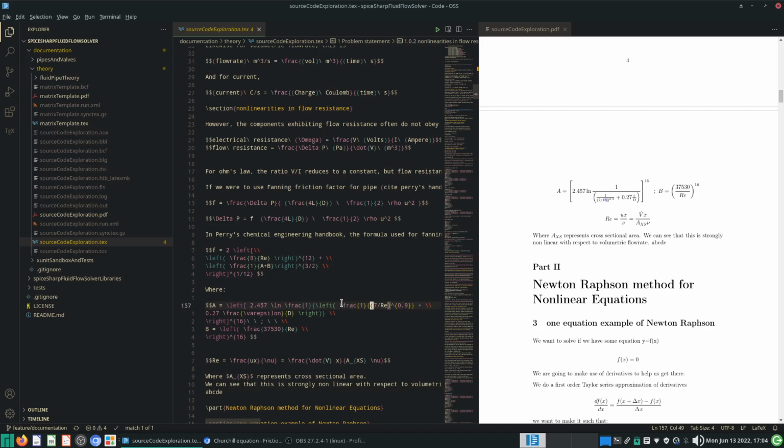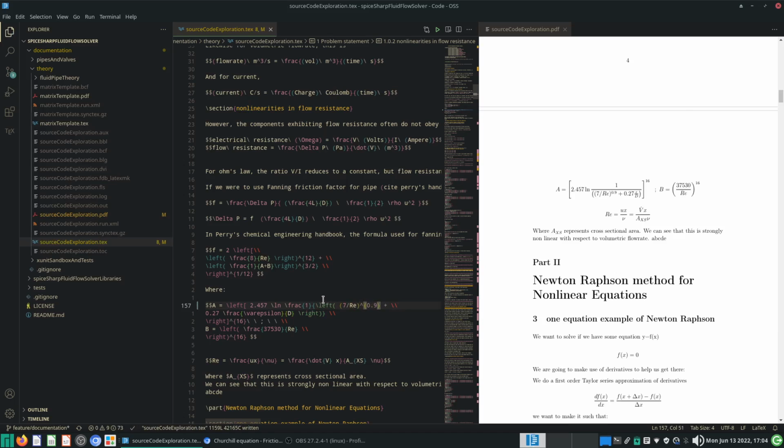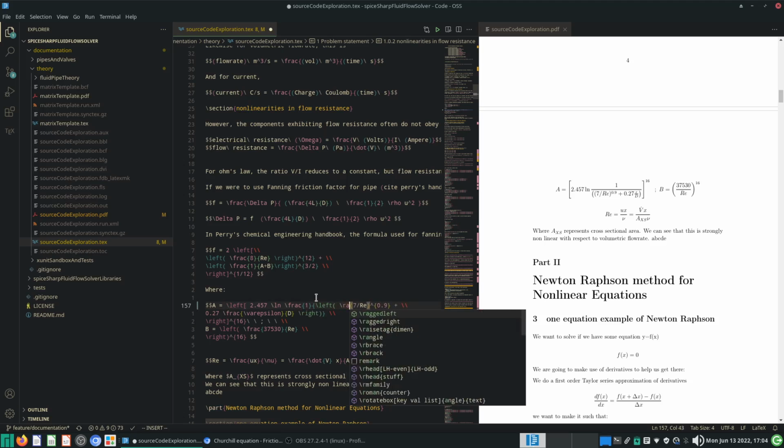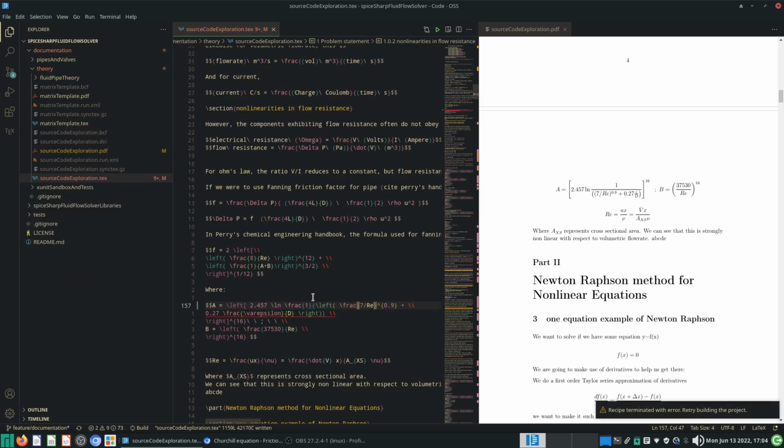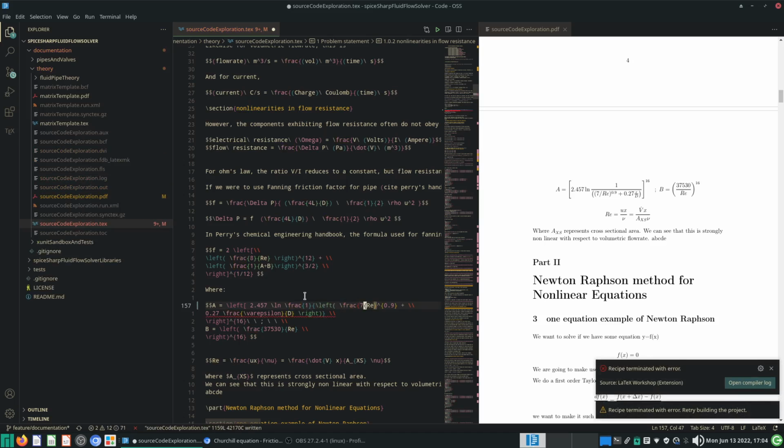Instead of this, I'll just delete this fraction. I'm using the Vim key bindings here, so it's good. I'll delete this extra curly brace and that should be fine. Ctrl-Alt-J. Yeah, this is what it should look like. I want to make it a little nicer. Replace with curly, replace with curly, and replace this with a curly.